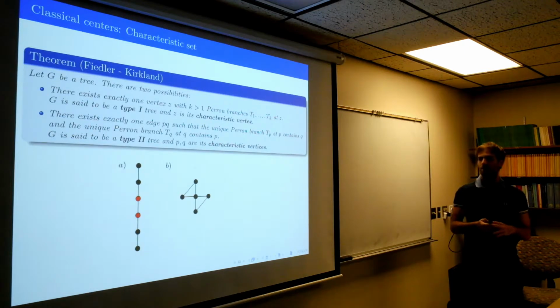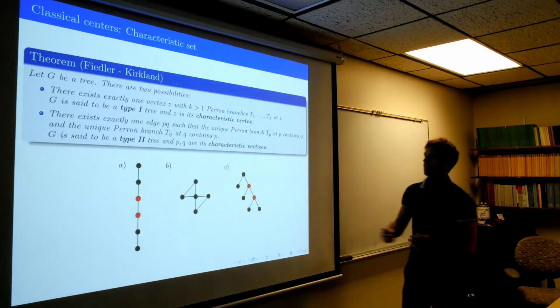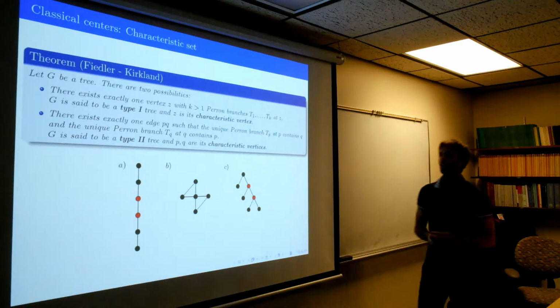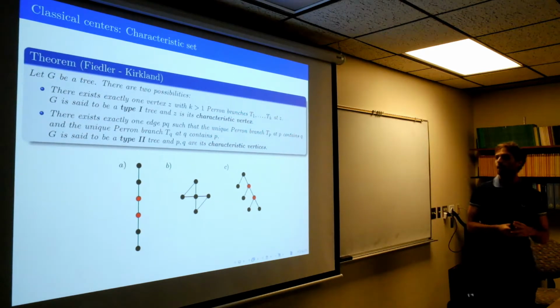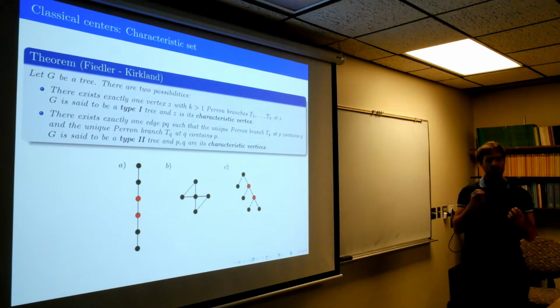In this case, this is not a tree, so we can't do anything from this definition. In this case, we had that both these vertices here are central, and this is a type 2 tree. So we see that this definition does not always agree with the eccentricity center.